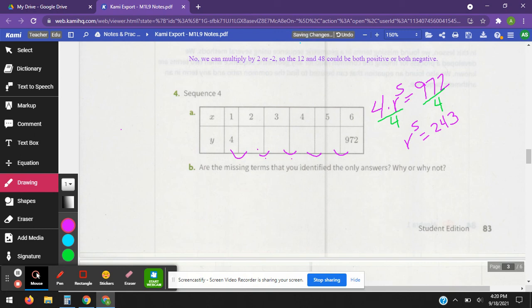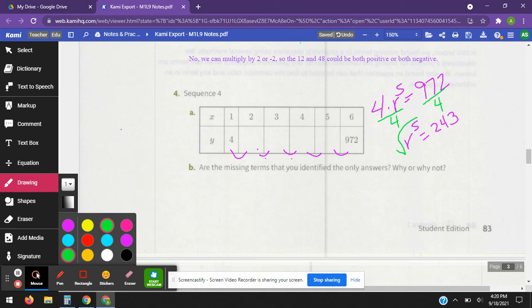I have a feeling that r to the 5th is going to be a 3, but let me double check this. So now I need a 5th root because I need a number times itself 5 times to get me 243. And it is a 3.